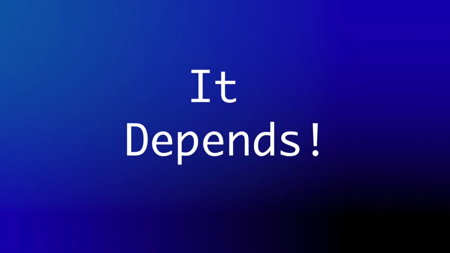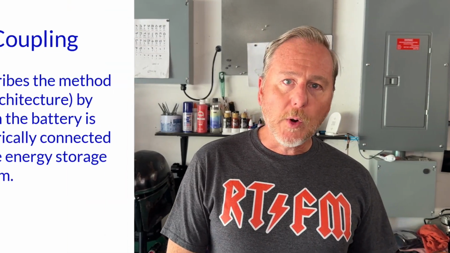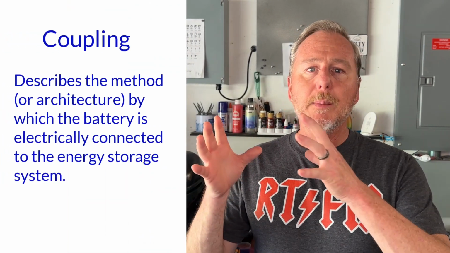So when somebody says, well, which one is better, AC or DC coupling, the answer is always that two-word answer. It depends. But I guess all these sites are using the same AI tool to grab information off the internet and then make their own article about it, because they all say the same thing, and they don't really say it very well.